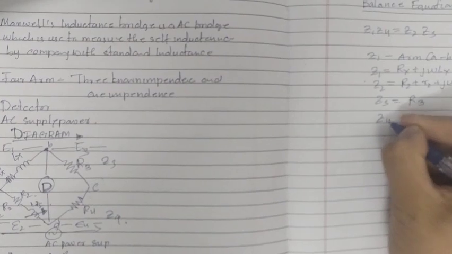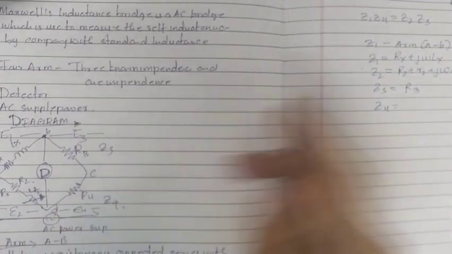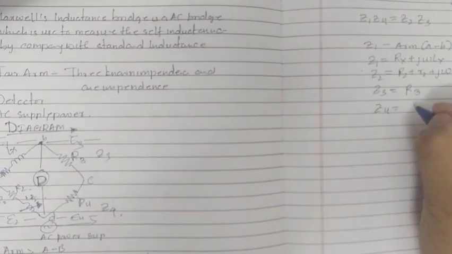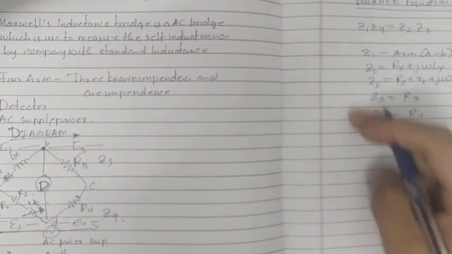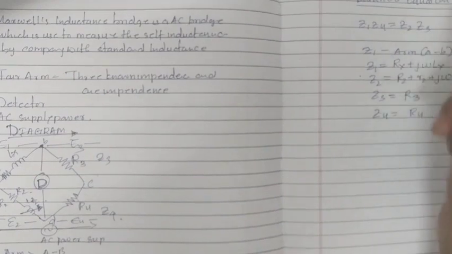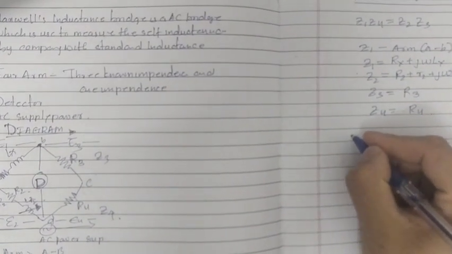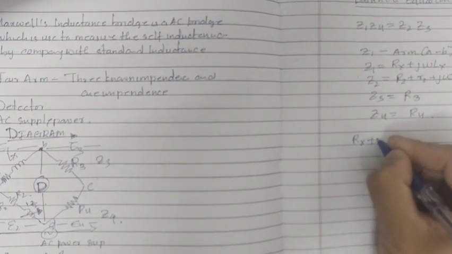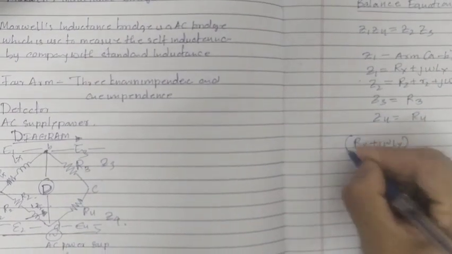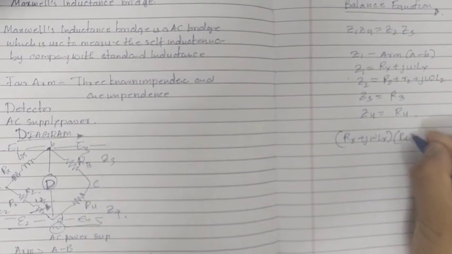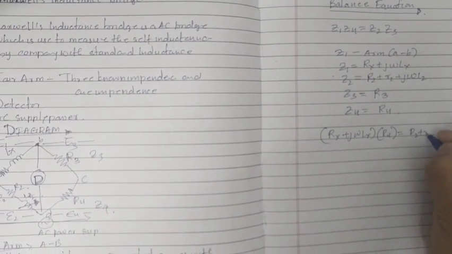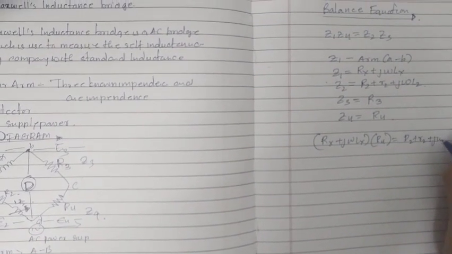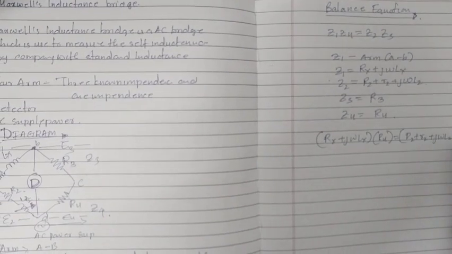Z4, the impedance of arm C to D, is R4. Now we substitute all the impedances into the balance equation: Rx plus j omega Lx times R4 equals R2 plus the internal resistance plus j omega L2, times Z3.